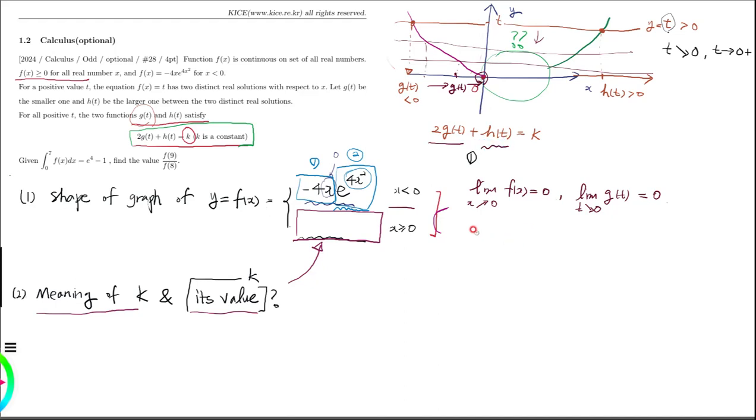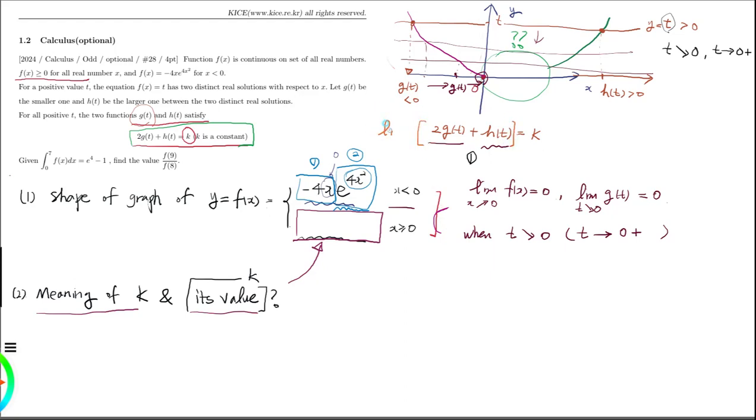And what's the limit value of h of t when t goes to 0 from above? In Korea, we say t goes to 0 plus. Let's take the limit on both sides.